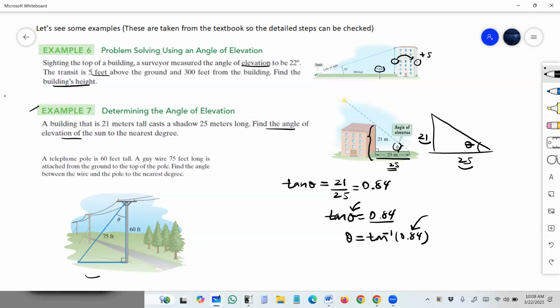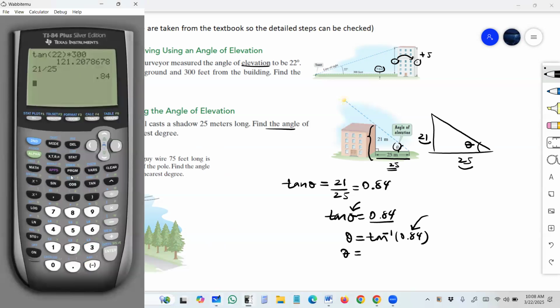Okay. So you go to the calculator for that. There's no way that we can do this in our heads. This is not one of the known angles. So we go to the calculator, and right above the sine, cosine, and tangent, you see in blue sine -1, inverse sine, inverse cosine, inverse tangent.